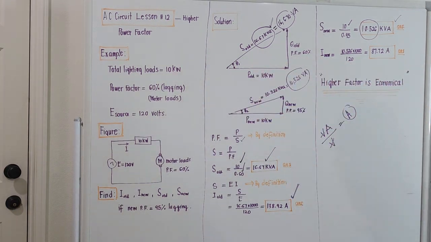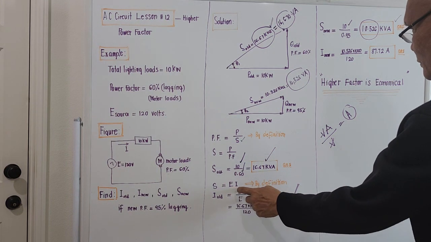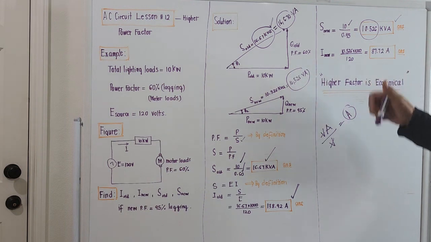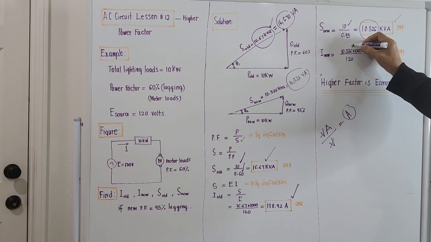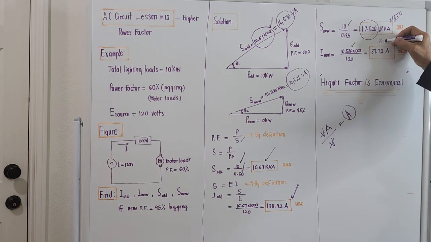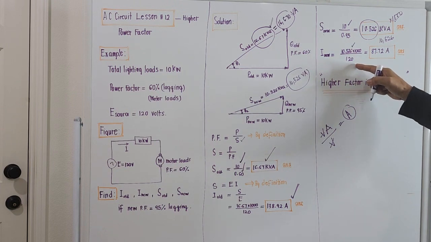If we compute for the current, we still use the same formula, S equals EI. So I now will be S over E. The total new apparent power is 10,526 volt-ampere, and if we multiply this by 1,000, no more K, it is 10,526 times 1,000 over 120.